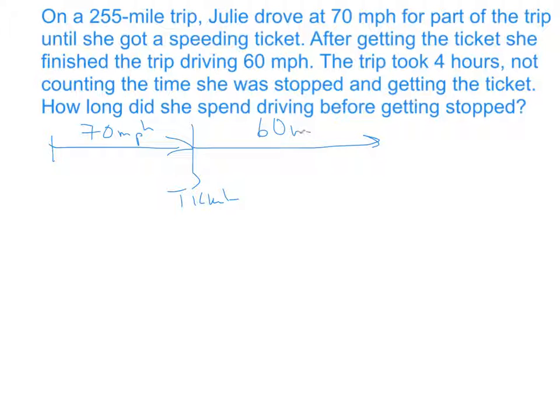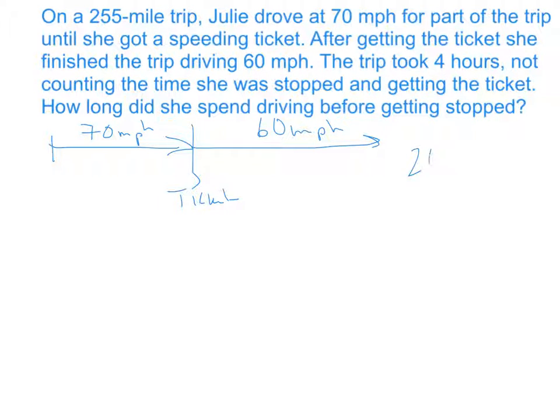What this means is Julie started here, went for 70 miles an hour for a while. So we'll say 70 miles per hour. And then got a ticket right here. And then drove for 60 miles an hour the rest of the trip. And the entire distance was 255 miles.